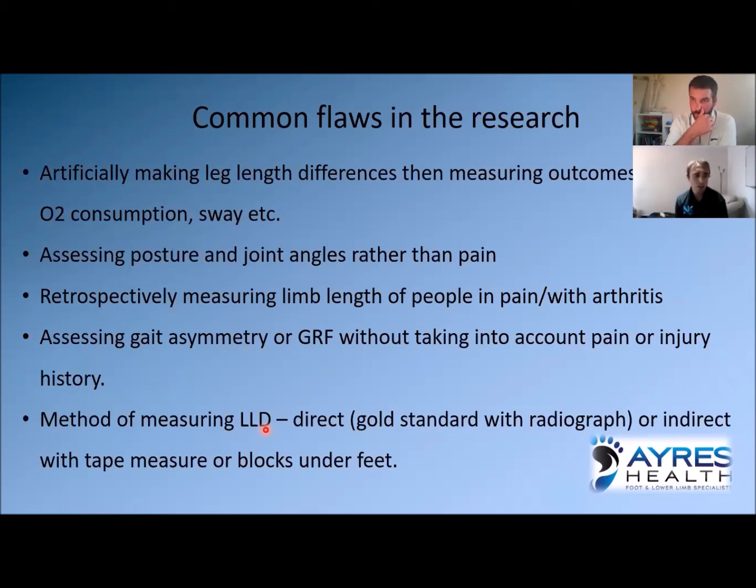So the last big review paper. Review papers gather all the available information, and that then sort of tells all about that information. The last big review that was done on limb length difference that I could find was in 2002.